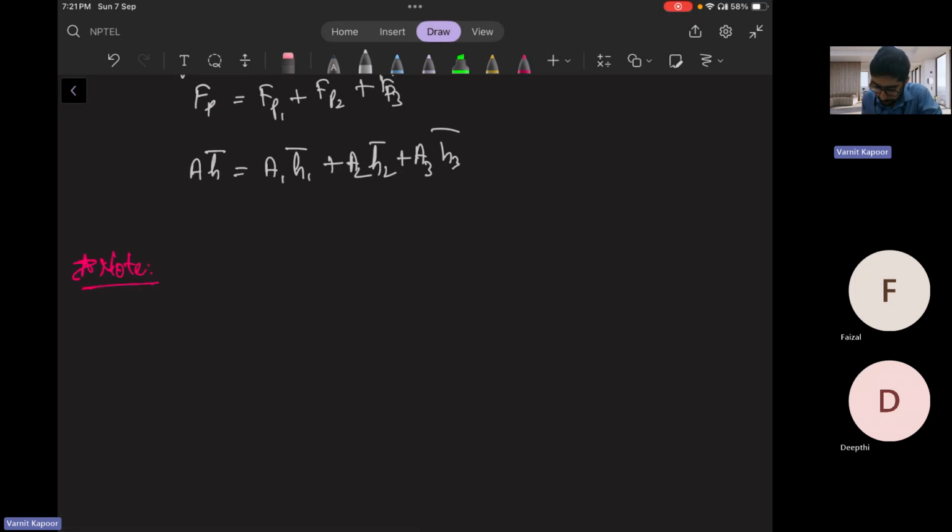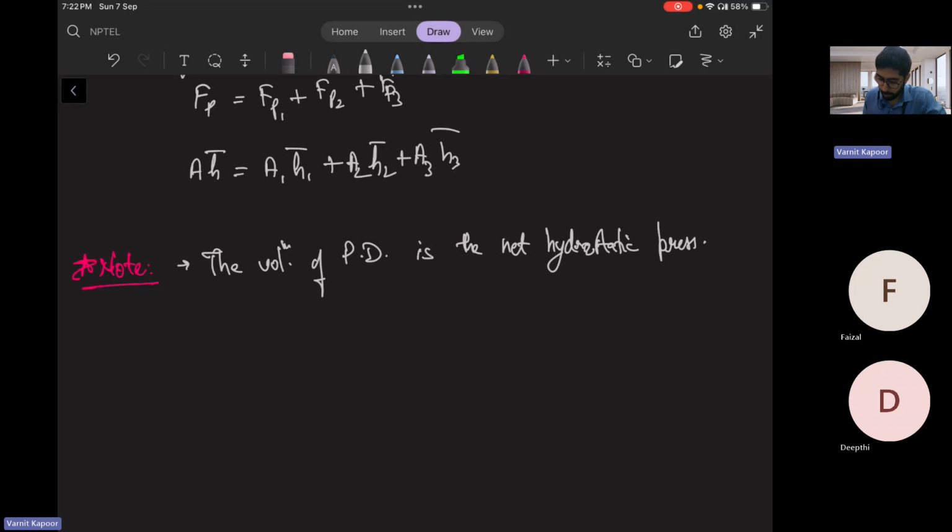The volume of pressure diagram is the net hydrostatic pressure force on the body, and center of gravity of a pressure diagram is center of pressure.